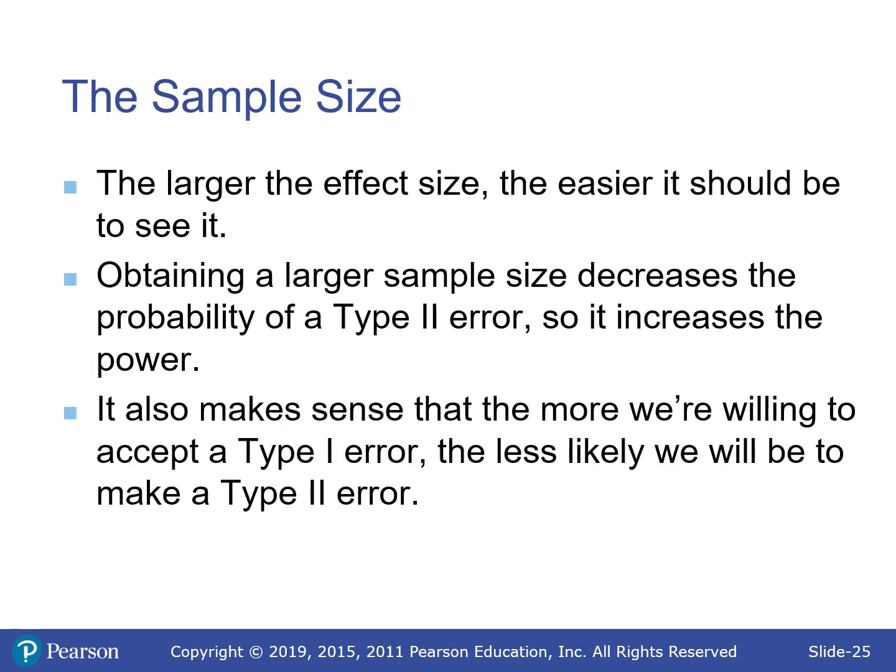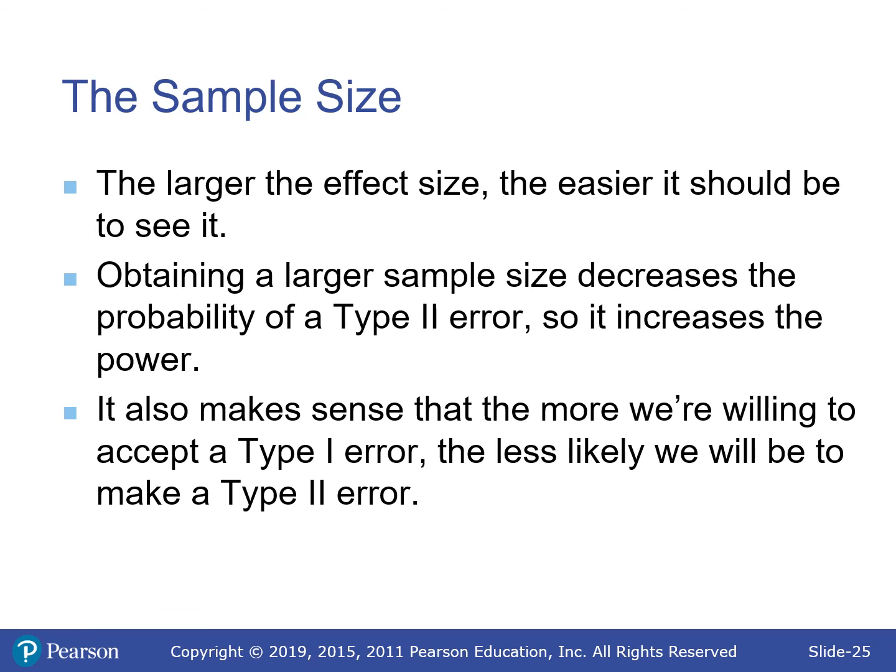The sample size will change the power. It changes the probability of a type 2 error because it shrinks the standard error. But increasing the sample size can also be really expensive.